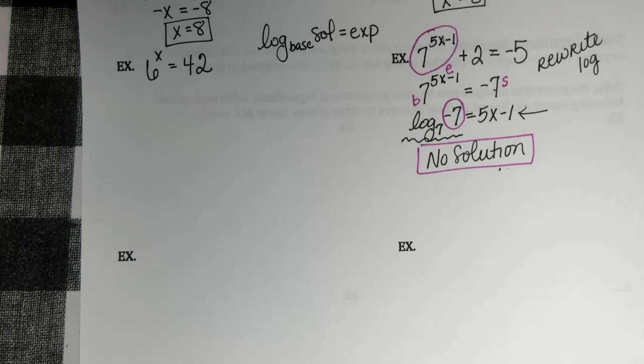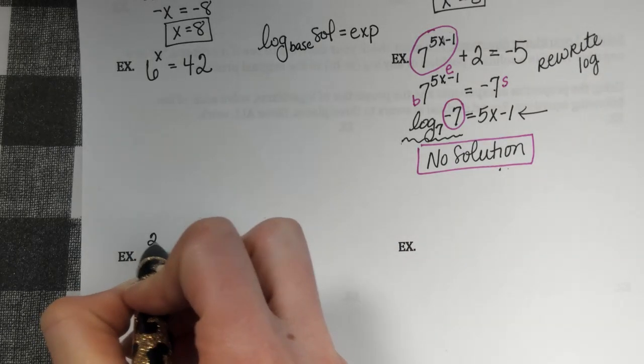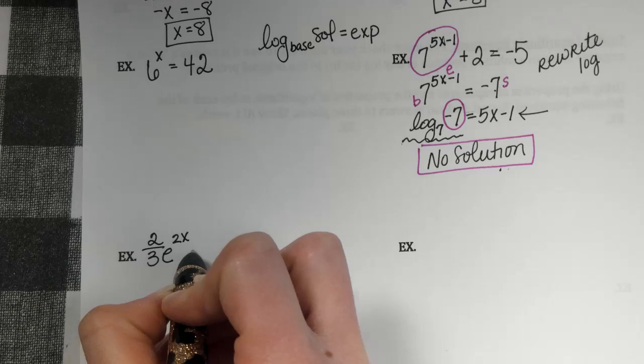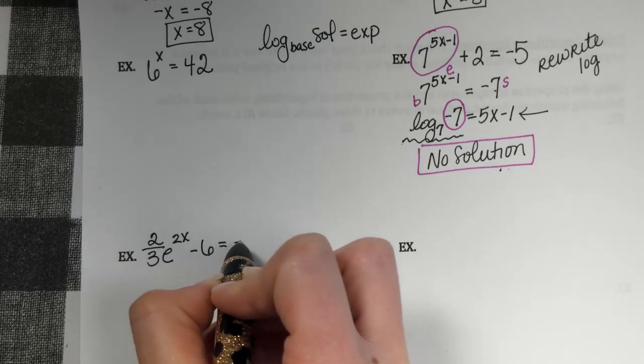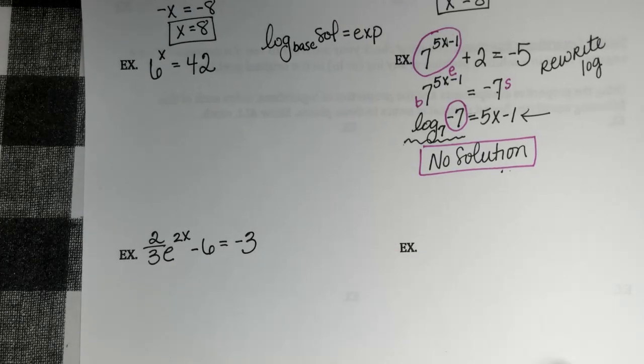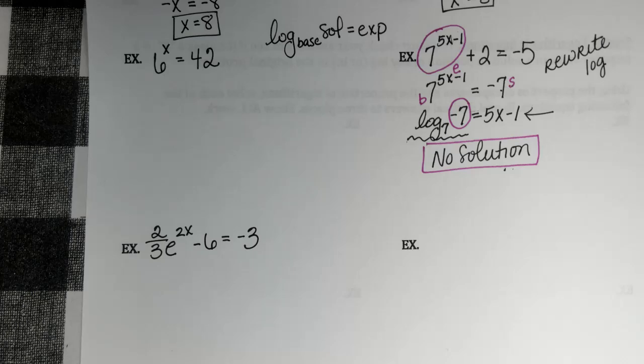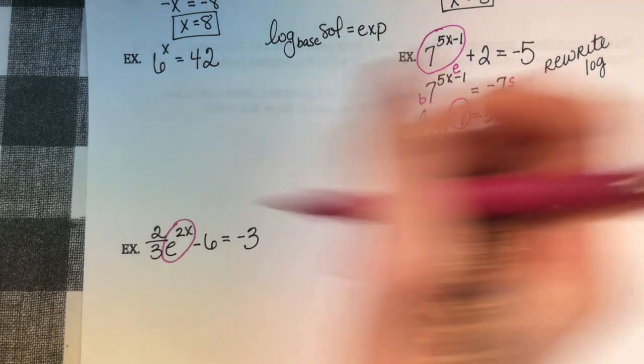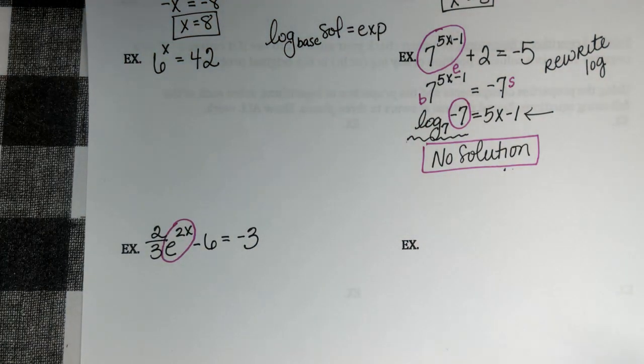So if I look at the next one, I have 2/3 e to the 2x power minus 6 equals negative 3. Okay, if I have that, I'm still an exponential. I want that e to the 2x by itself. So I'm going to add my 6.